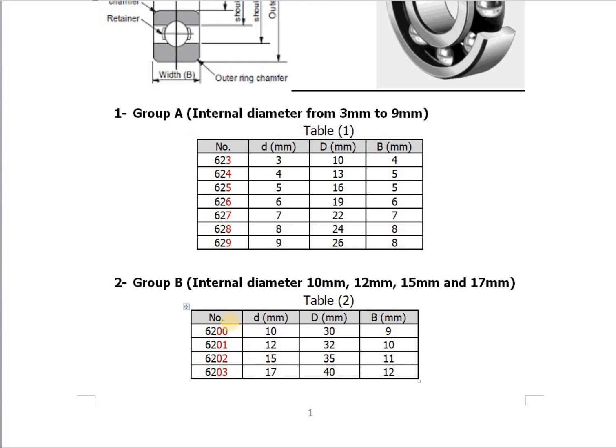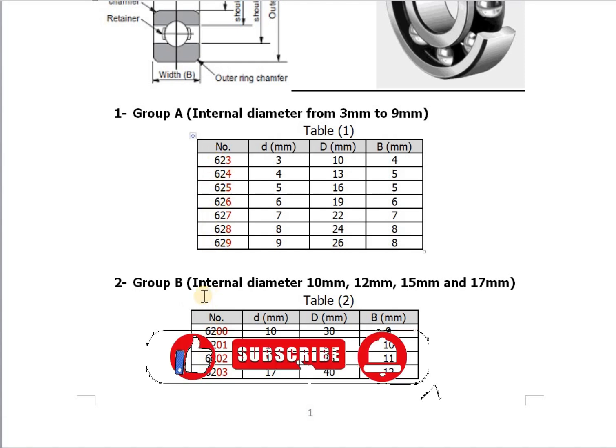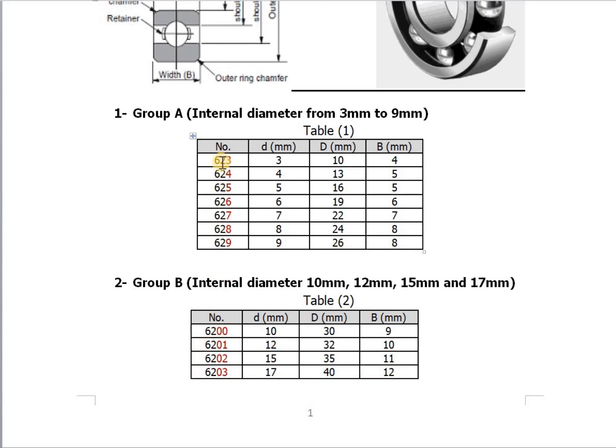Second group, here we got 4 digits. The first digit from the left is constant and indicates the type of the bearing. The second, also constant, indicates the load series.